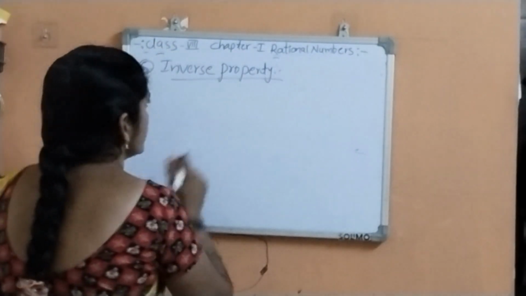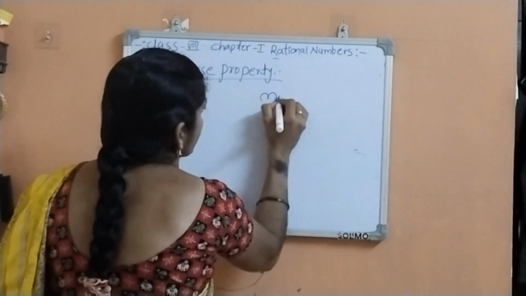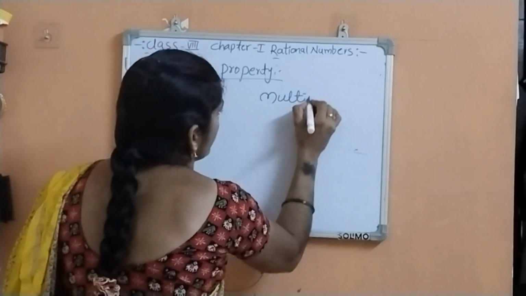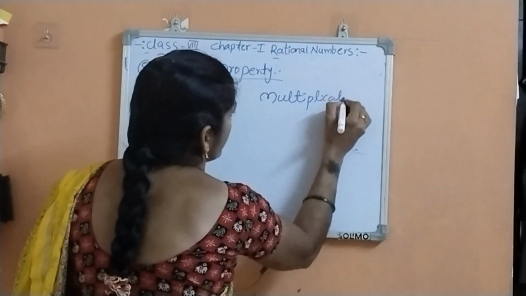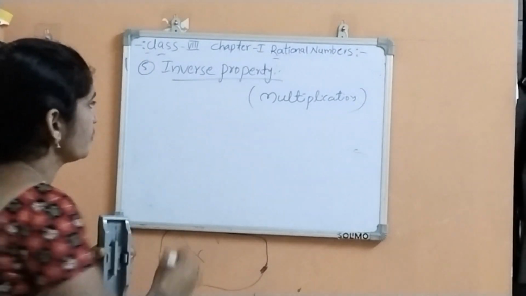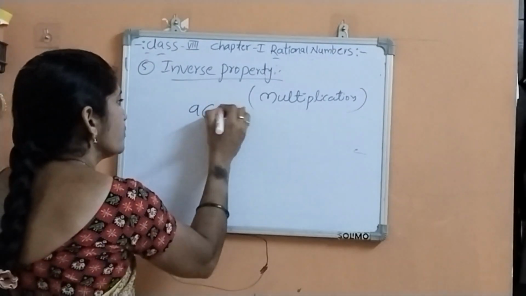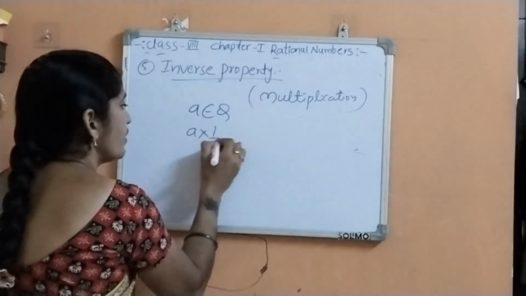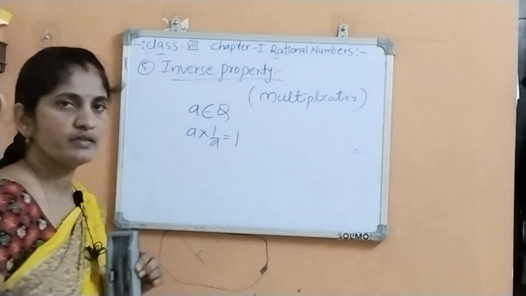Now we are going to discuss the multiplicative inverse. If we take a belongs to Q, a into 1 by a equals 1.